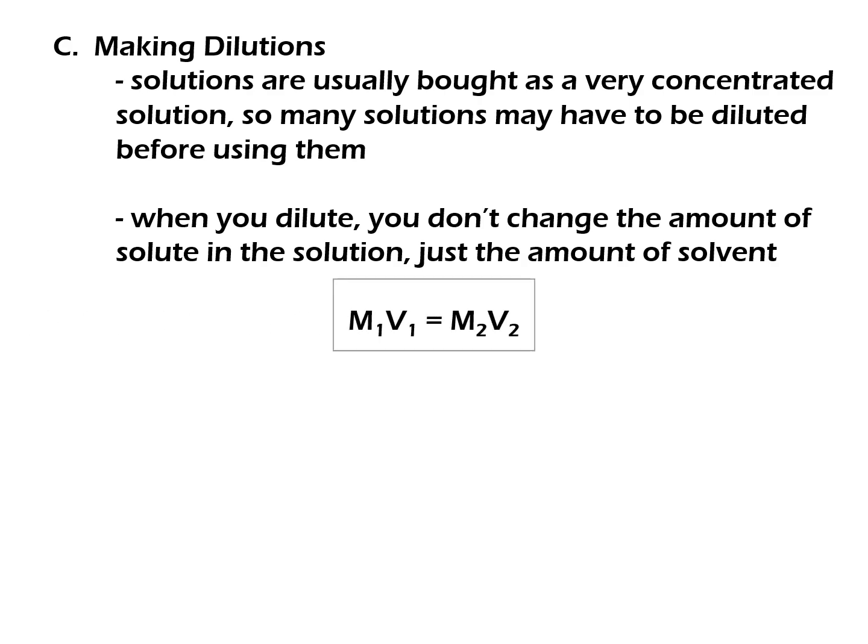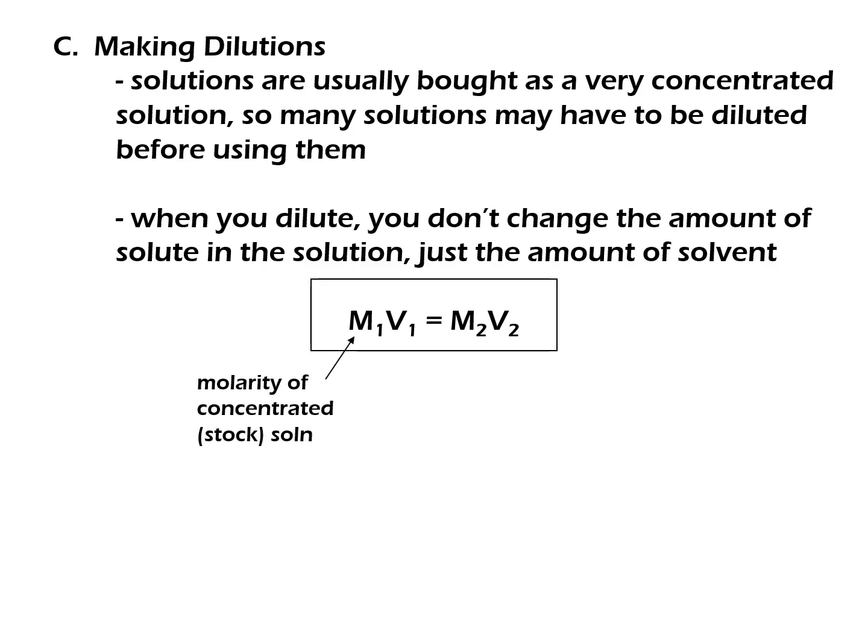Okay, so this is the equation that we're going to use to make dilutions with. So molarity equals molarity of the first solution, which is usually the most concentrated solution. That would be the stock solution, we often say, because that's what's in the stock room, like in my back chemical room.